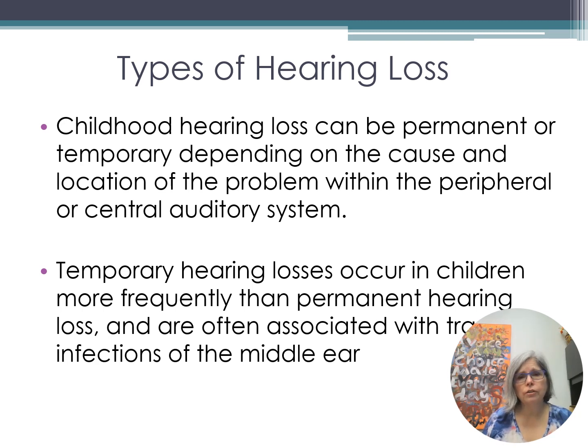Temporary hearing losses in children are associated with transient infections in the middle ear. So most of the hearing losses we see in children are related to middle ear infections. And those can go away. Infections can be treated or will go away on their own.